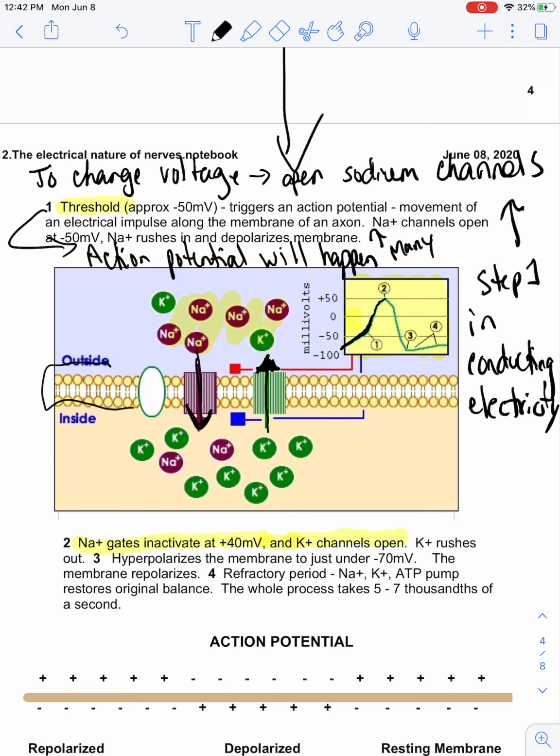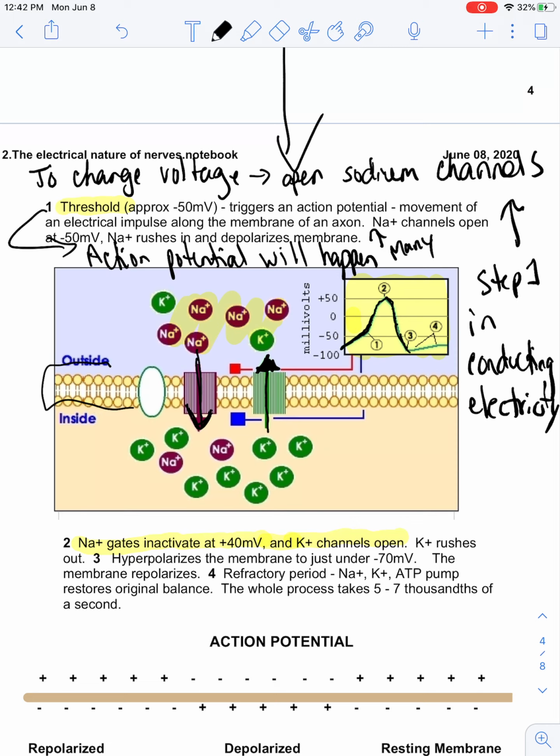And again, if we look and see what happens when we slam shut the sodium gates and open up the potassium gates, we're going to see that now positive charge is going to leave the neuron, and it's going to become more and more negative, okay? Because we're losing all those positively charged potassiums to the outside of the cell.